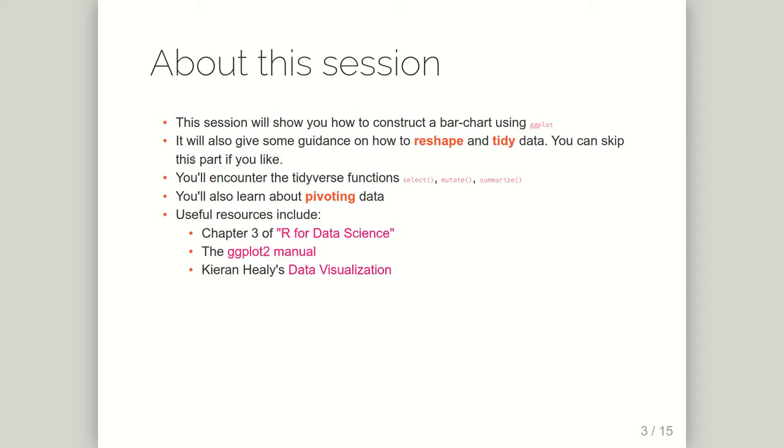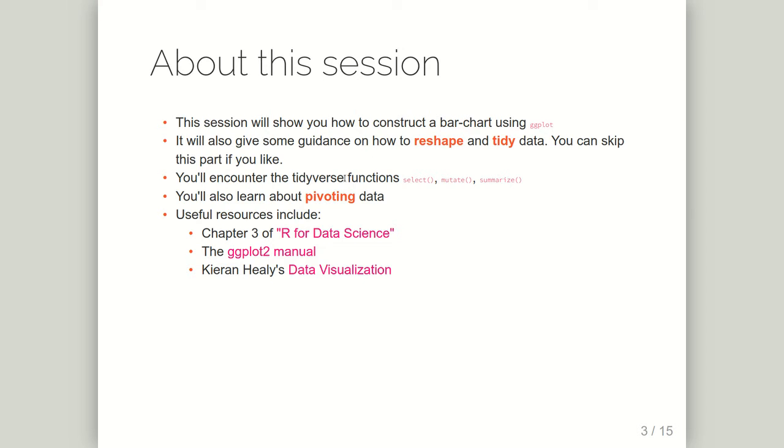And in very practical terms, I'm going to be showing you how to construct a bar chart showing that information using ggplot. I'll start by showing you how to construct the bar chart. And then in a second half, I'll show you how I've gone to reshape and tidy that data from its initial form to the form that I use when plotting.